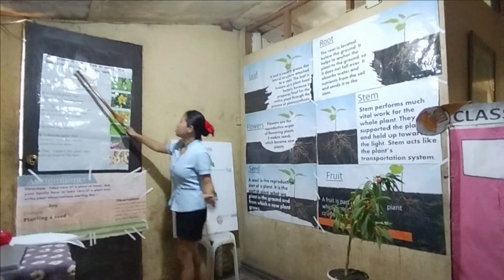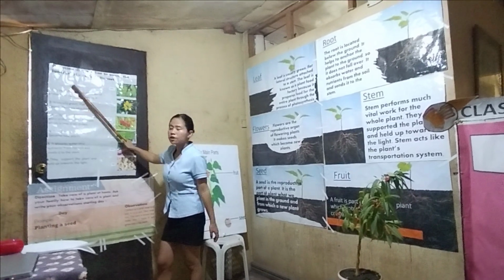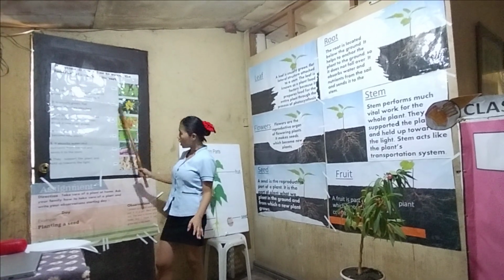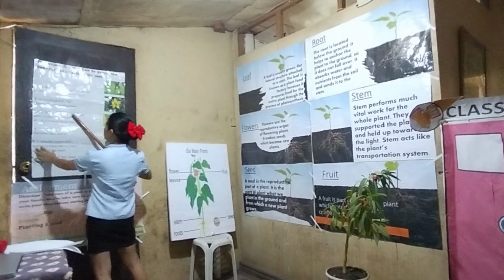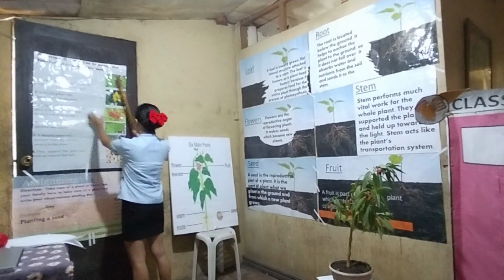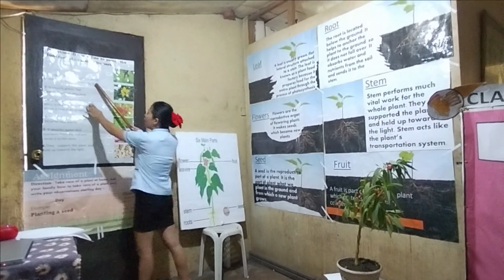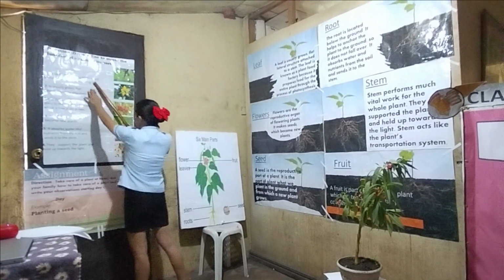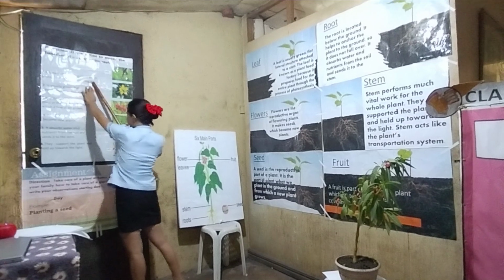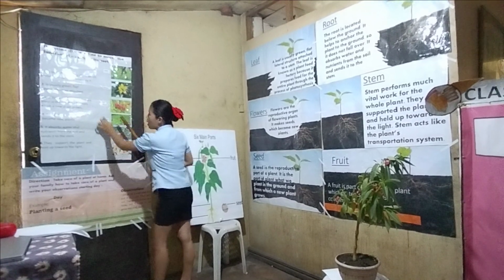Draw a line to match the function of a plant to its part. There is a row of the functions of the plant, and this row are the parts of the plant. So you are going to draw a line from the function to its corresponding part.